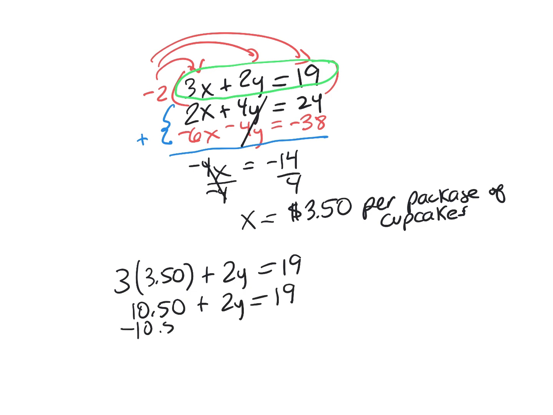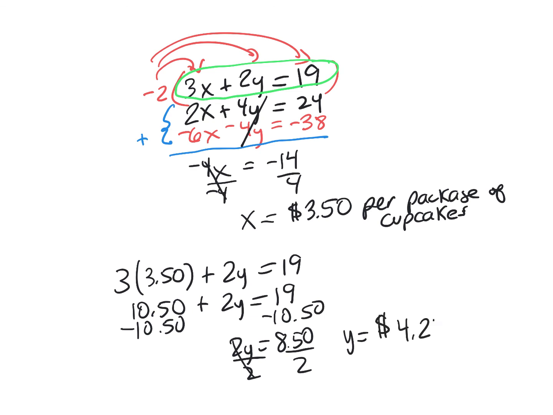Subtract your 10.50 from both sides, and you'll end up with 8.50. So you have 2y equals 8.50. Divide by 2, and you get y equals $4.25, which is the cost of a package of brownies. And that is your solution.